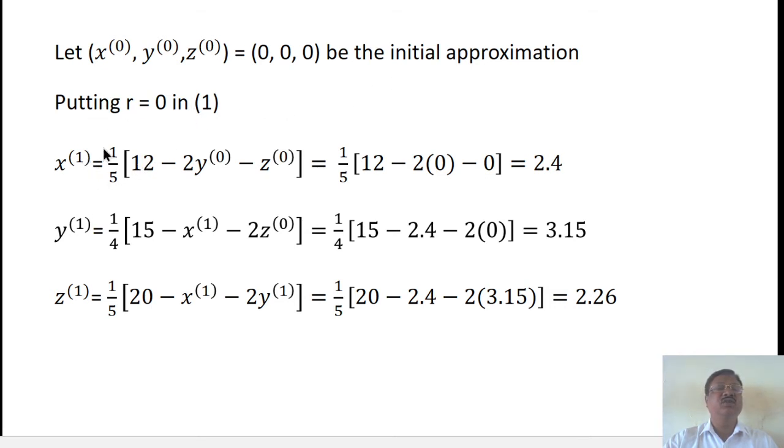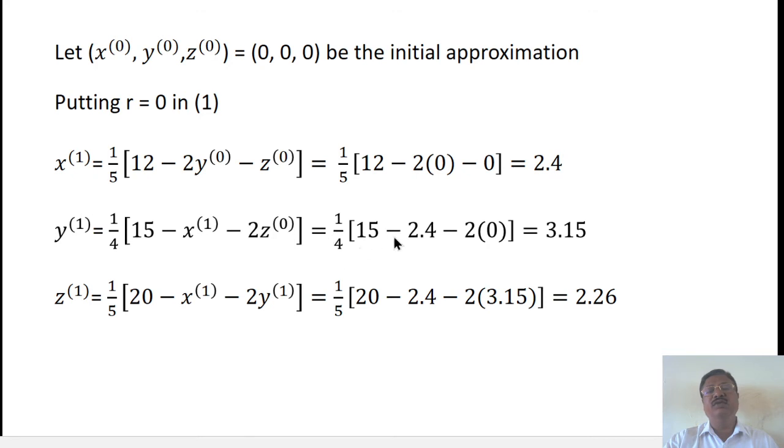will get x raised to 1 is equal to 1 upon 5, 12 minus 2 into y raised to 0 minus z raised to 0. After substitution, we will get 1 upon 5, 12 minus 2 into 0 minus 0, which will give you 2.4. So y raised to 1 is 1 upon 4, 15 minus x raised to 1 minus 2 z raised to 0.